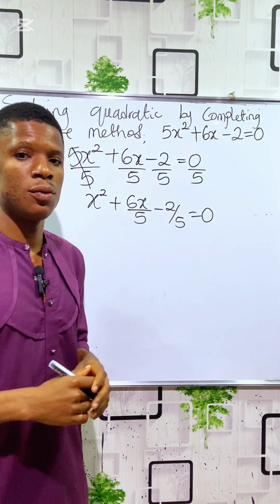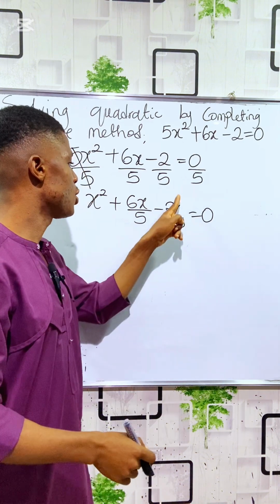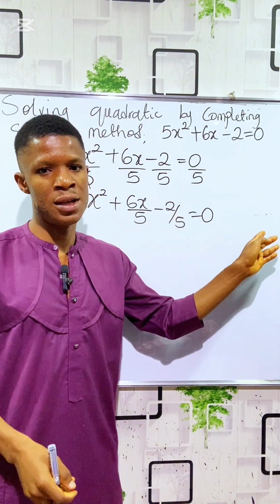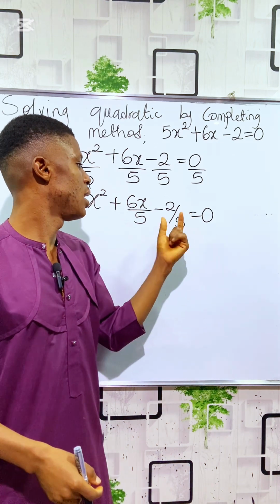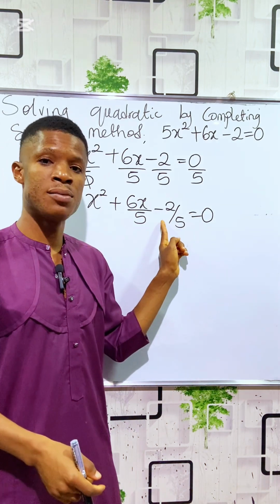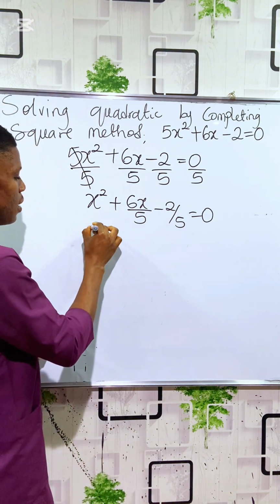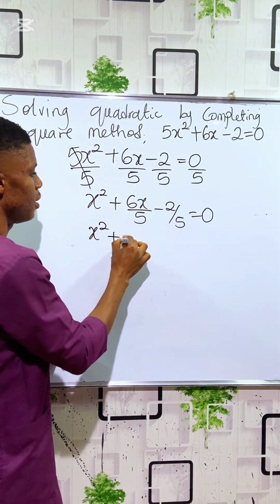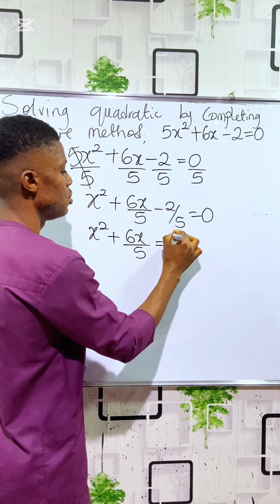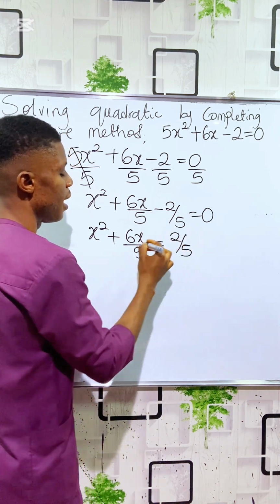The next thing we do, please note the step, is to move the minus 2 over 5 to the other side of the equation. To do that, we add 2 over 5 to both sides because of this minus. If you do it, you have x squared plus 6x over 5 is equal to 2 over 5.